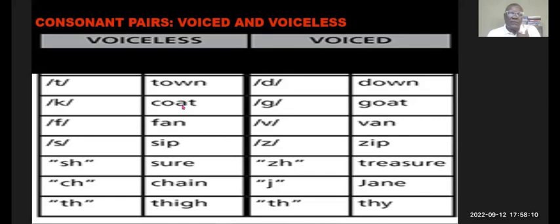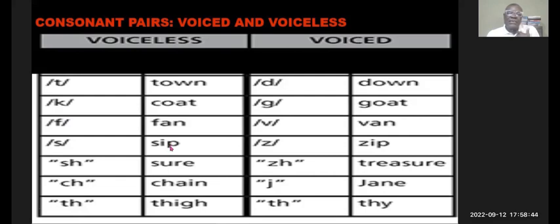Good, see the difference. Then let's look at the voiceless F and the voiced V. Now, again, your finger on your Adam's apple. Fan, van. You can see the difference.